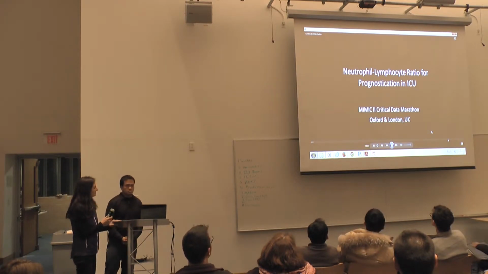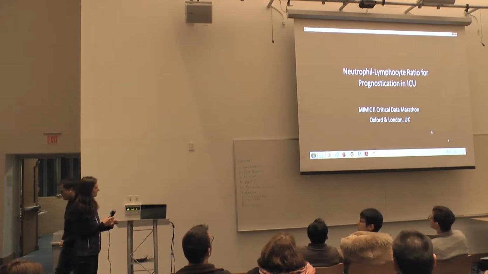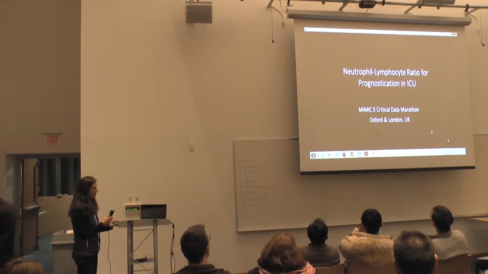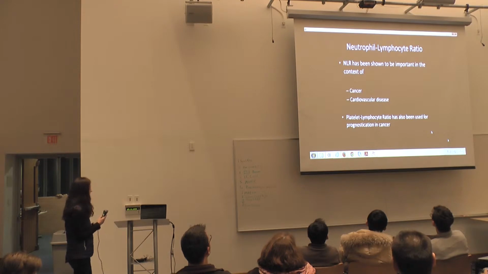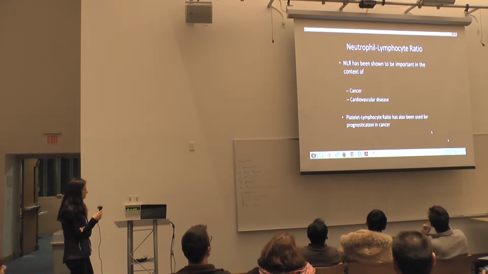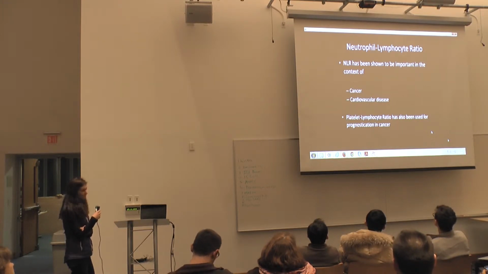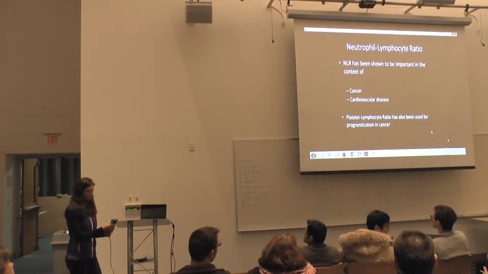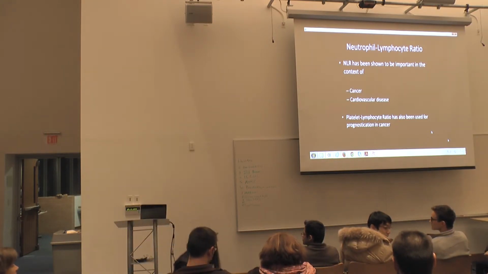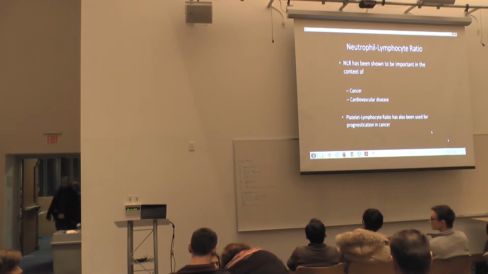Hi, hello from London. Our team was interested in the neutrophil lymphocyte ratio, also shortened as NLR. White blood cell count is one of the useful inflammatory biomarkers in clinical practice, and although it is in normal range, subtypes of white blood cell count, like the NLR, are used to evaluate systemic inflammation.